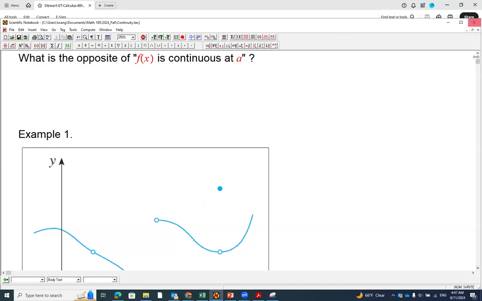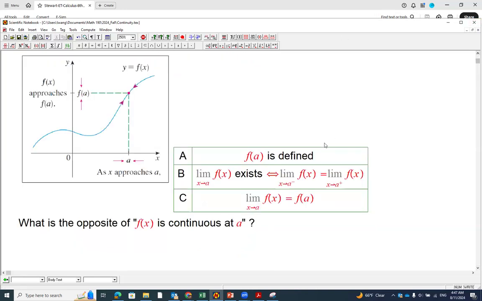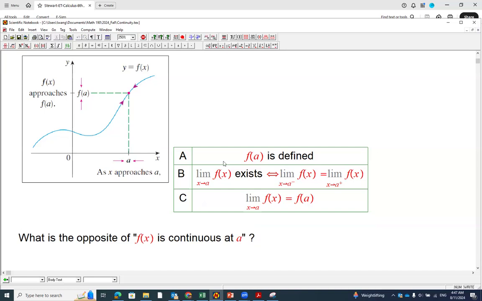For a function f to be continuous at A, A, B, and C all must be satisfied. That means A and B and C, they all must be satisfied.